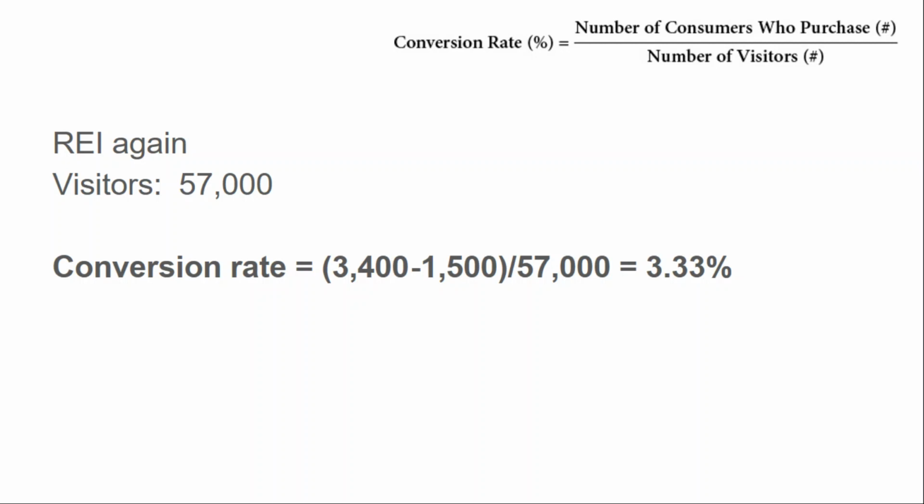Okay, so it's not the inverse of abandonment rate, because that would be 100% minus 44%, which would be 56%. So this is a little bit different, but we calculated the number of purchases in this particular example based on the abandonment rate. Okay. All right.